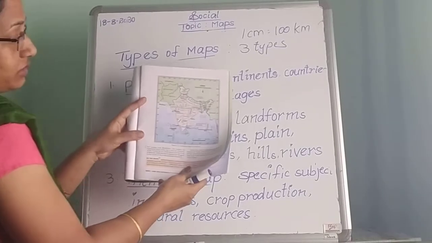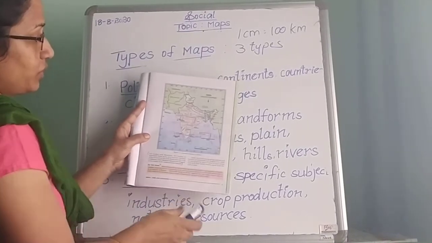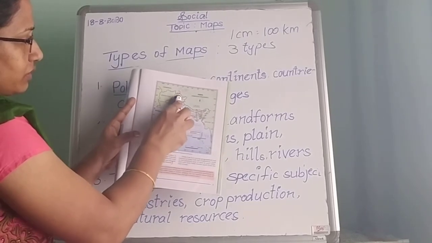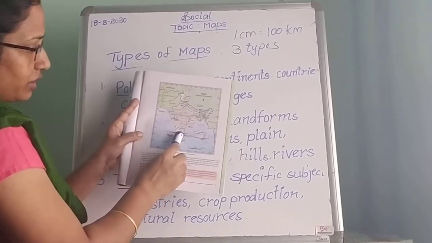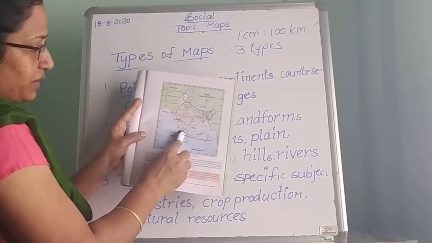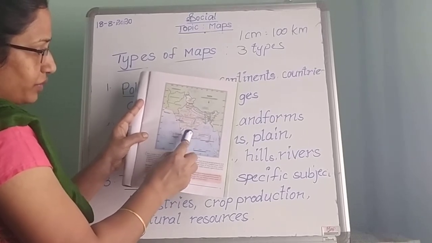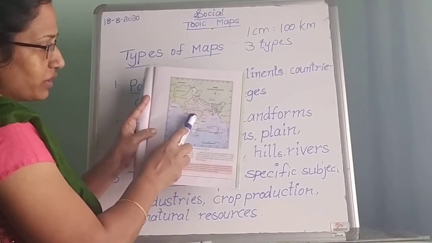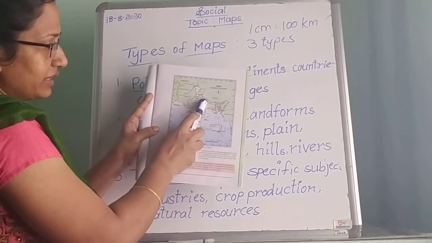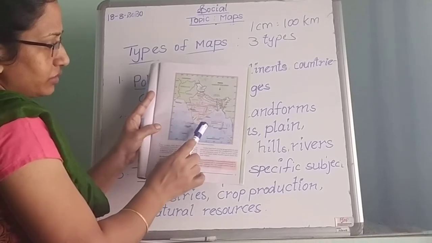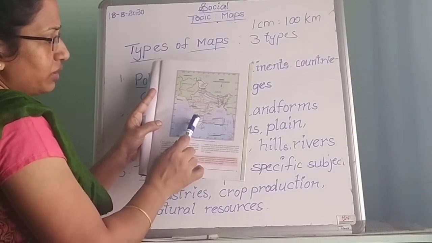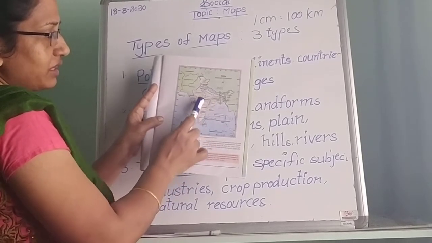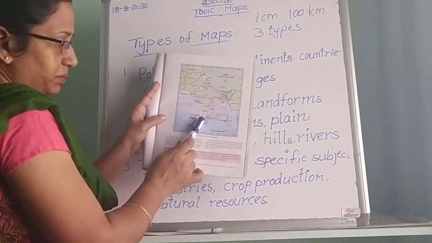Just look at this map now. Here is the border of India, and each state with its border. In this Indian political map, states are clearly shown. Here Tamil Nadu, Maharashtra, Andhra Pradesh, Telangana, Odisha, like this the states are clearly specified.